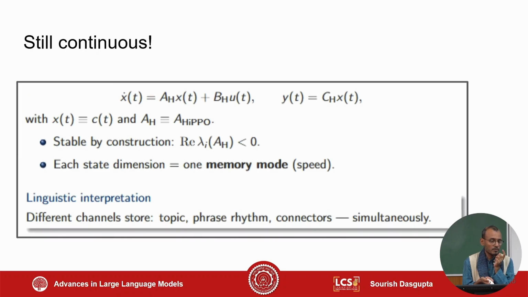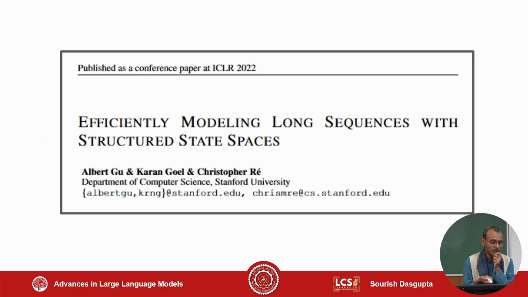But then the problem is it's still continuous. We have not discretized this, so the next step has to be to discretize this. So it's stable by construction, but it needs to be discretized. So that's why S4 came in. This paper is the S4 paper, the ICLR 2022 paper.